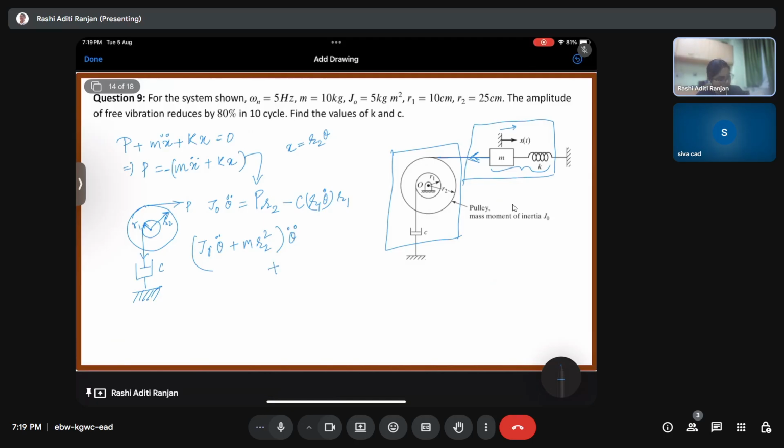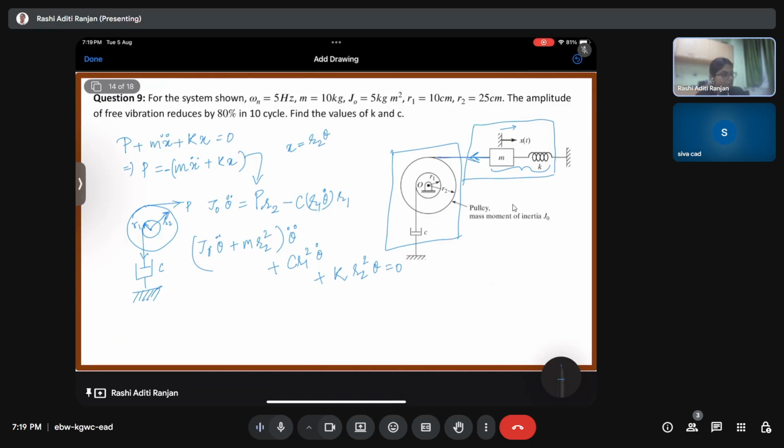plus C R1 square theta dot plus K R2 square theta is equal to 0, right? This is the final equation that we are getting.